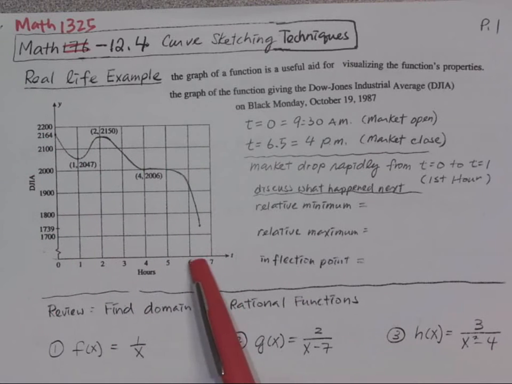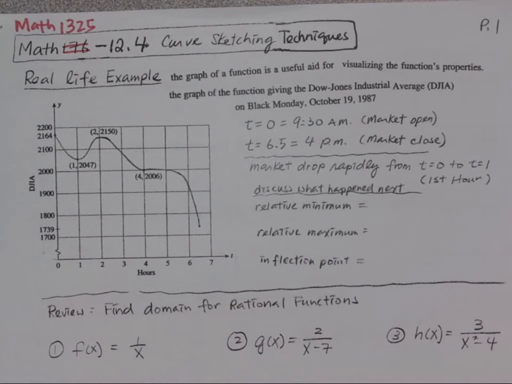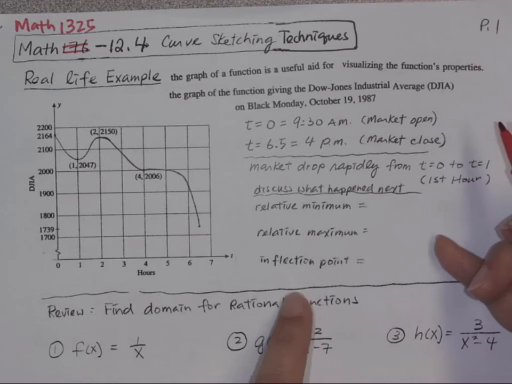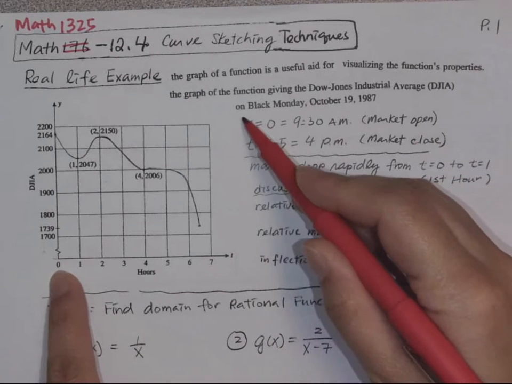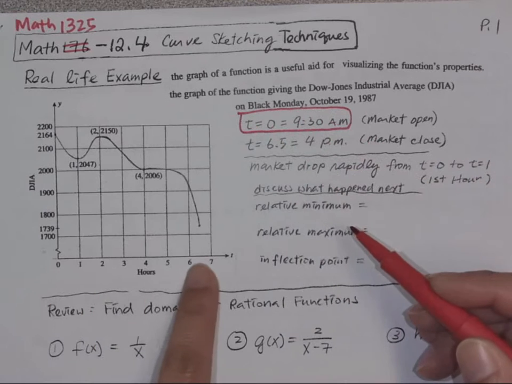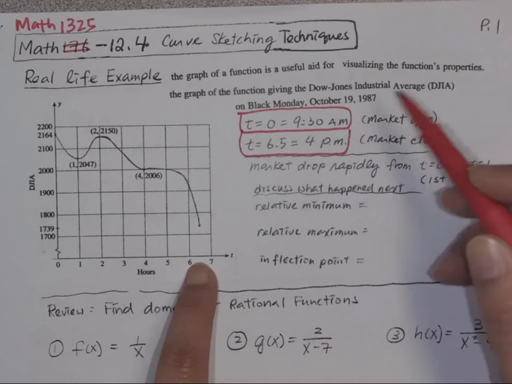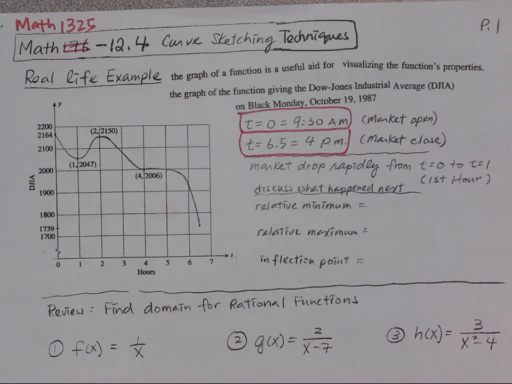This is representing the hours, and this is representing the Dow Jones Industrial Index. At time equal to 0 is when they open, which is 9:30 a.m., and over here at time equal to 6.5 hours is when they close, which is 4 p.m.